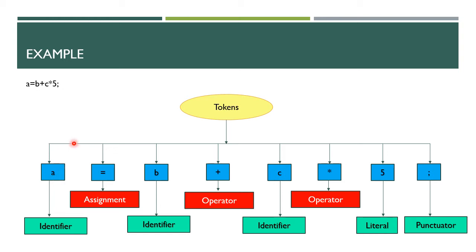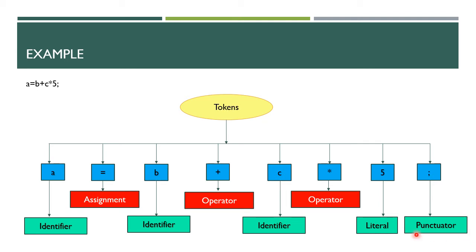So there a, b, c are variable names, and an identifier is the name given to a variable or a class or a function. So here a is an identifier, equal to is an assignment operator, b is again an identifier, plus is an operator, c is an identifier, asterisk is an operator, 5 is a constant, an integer constant. So constants are also called literals in Java.